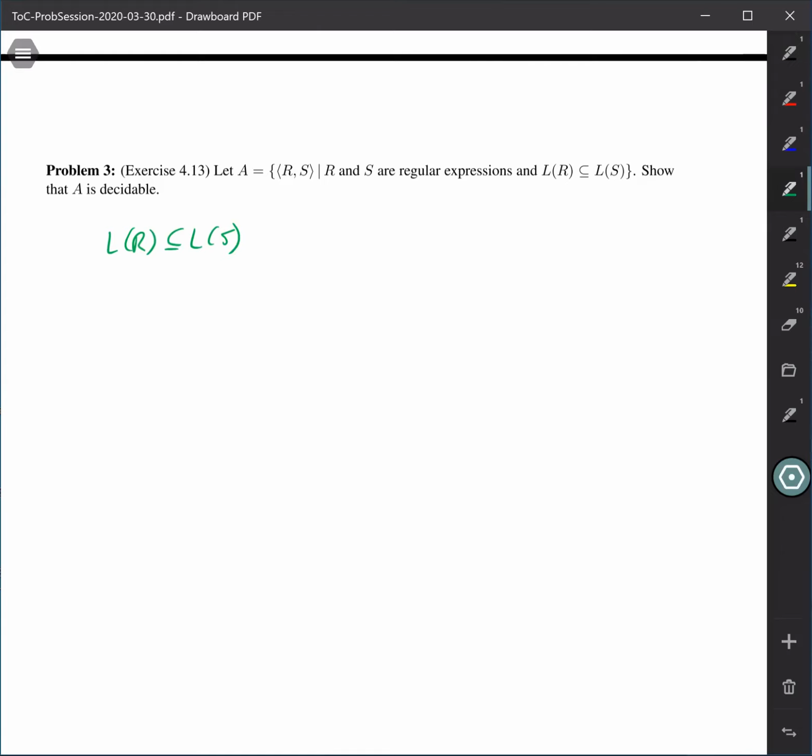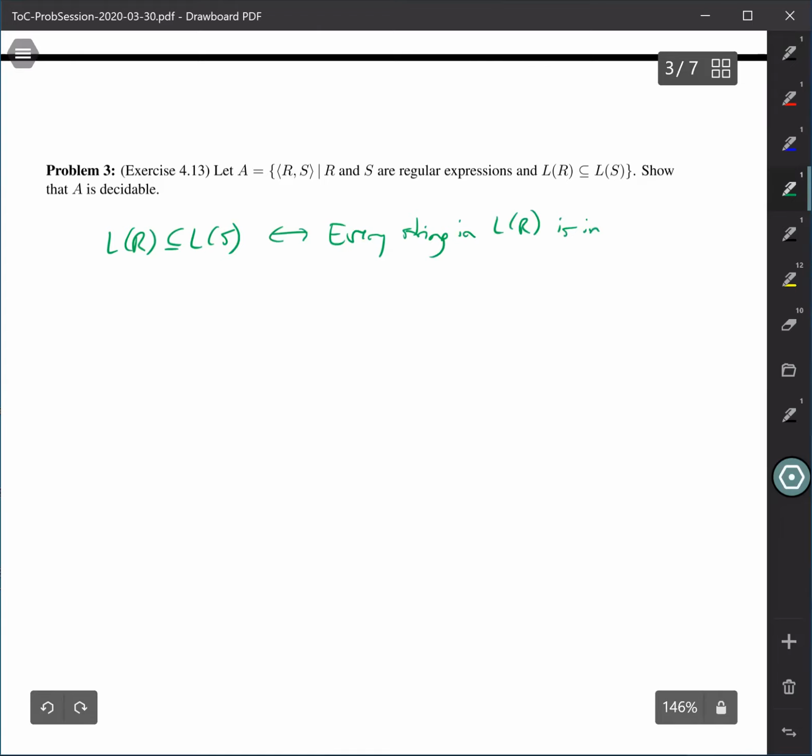What this really is, we're saying that every string in L of R is also in L of S. That's just what a subset means, right?